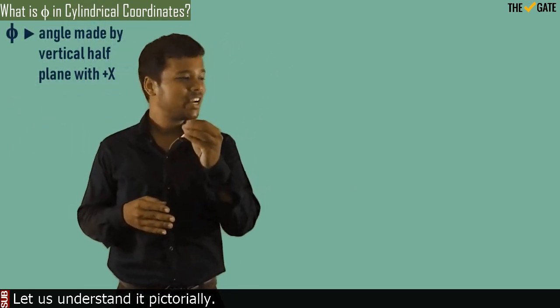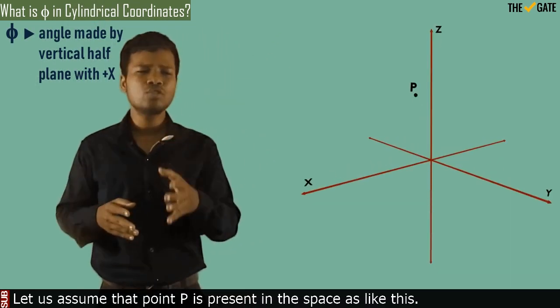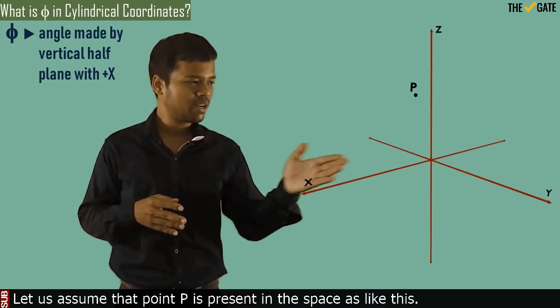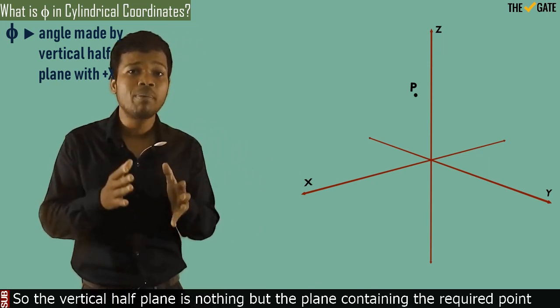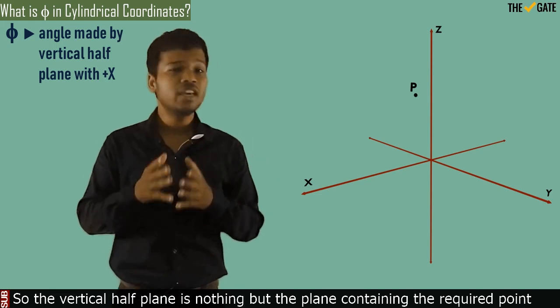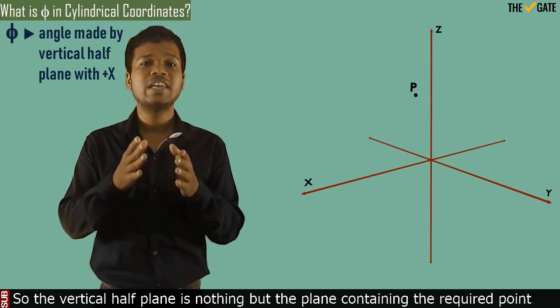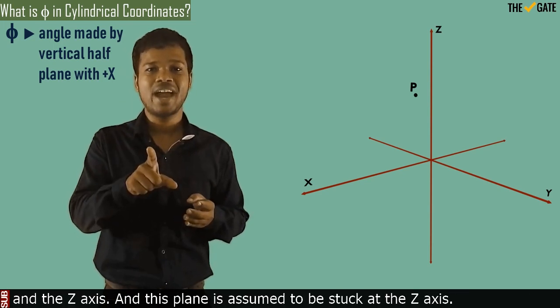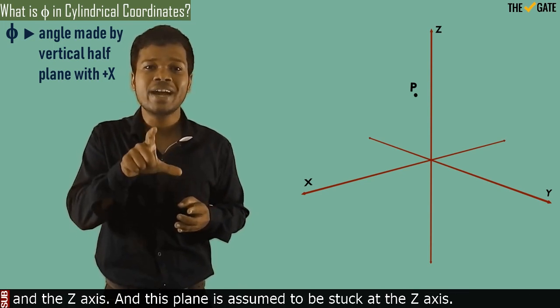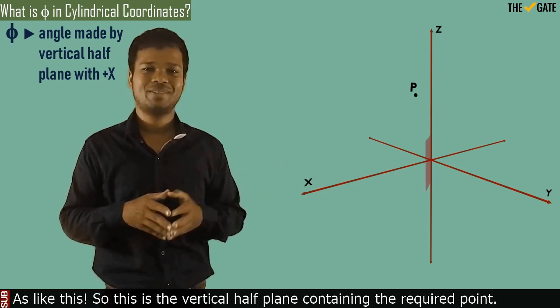Let us understand it pictorially. Let us assume that point P in the space is present like this. The vertical half plane is nothing but the plane containing the required point and the z-axis, and this plane is assumed to be stuck at the z-axis like this.